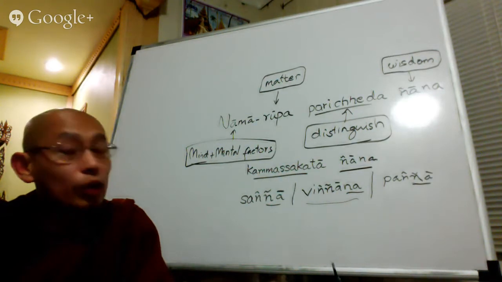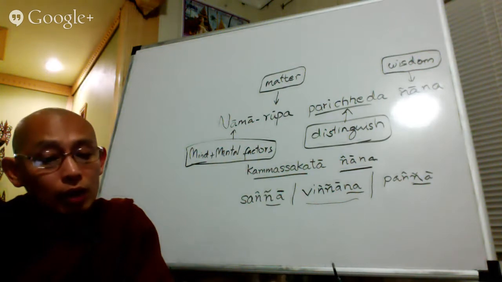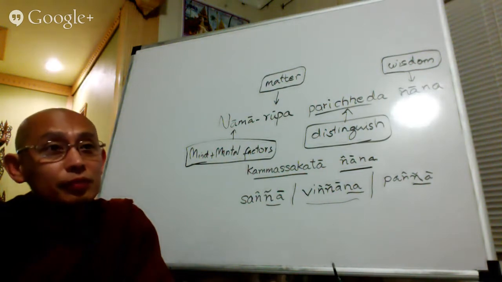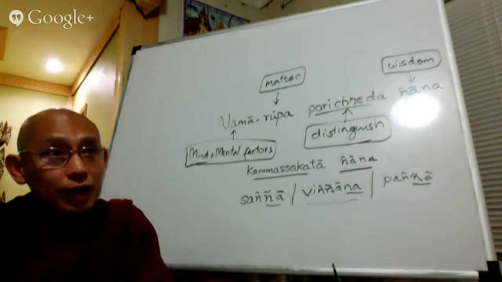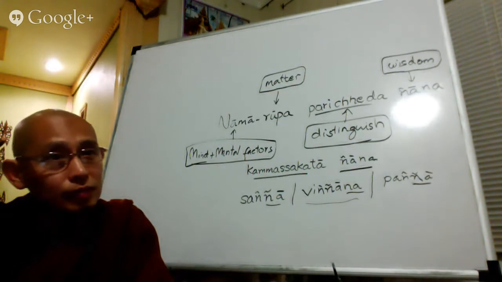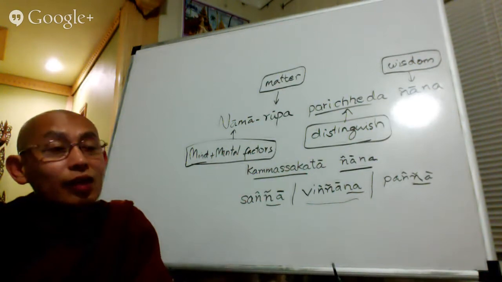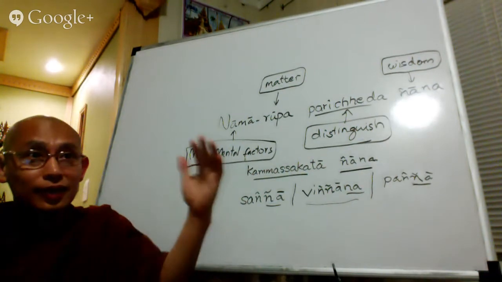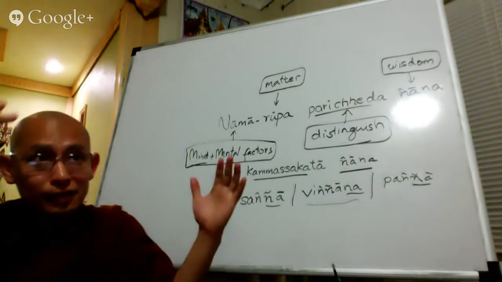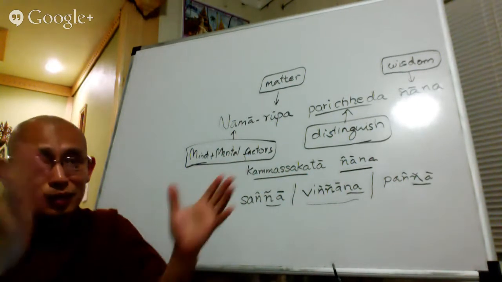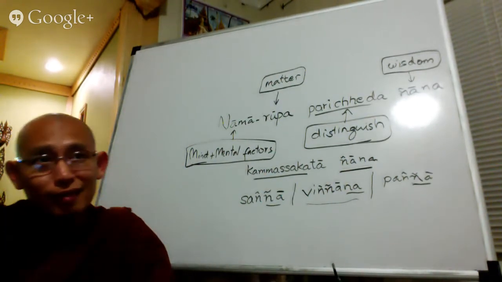Because when you try to achieve the jhana level, you need the samatha meditation object. I already explained, like a kasina: make a kasina in front of you and then practice.